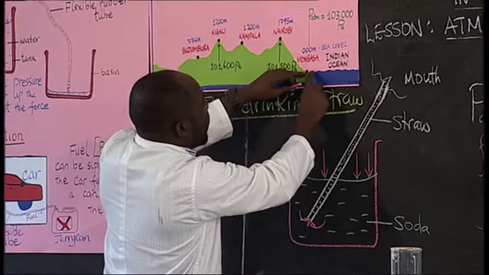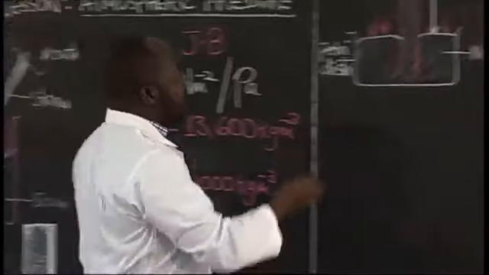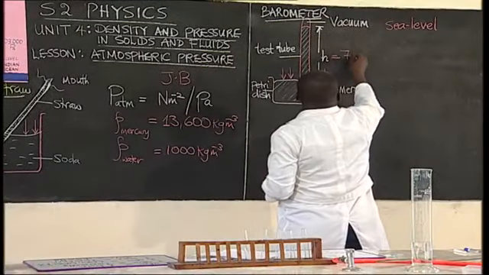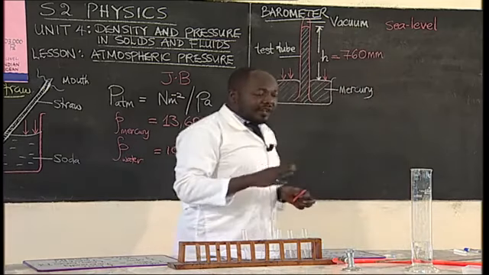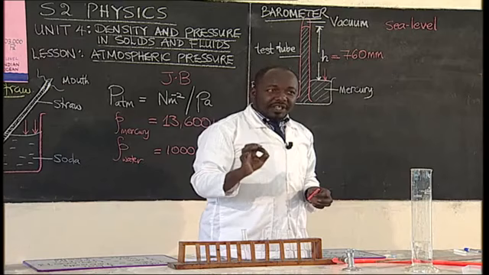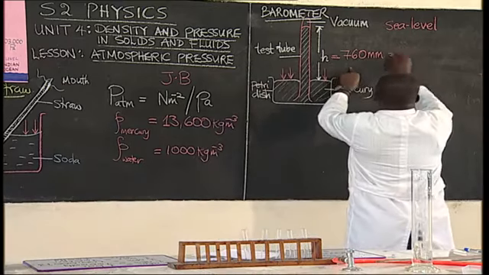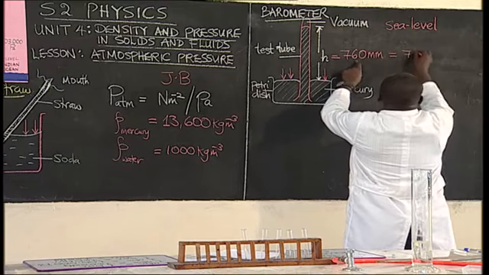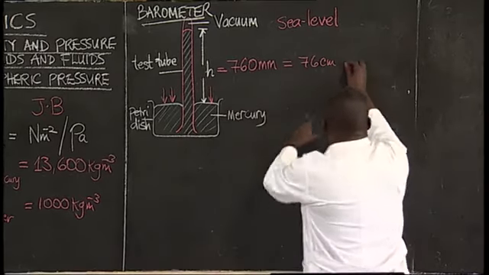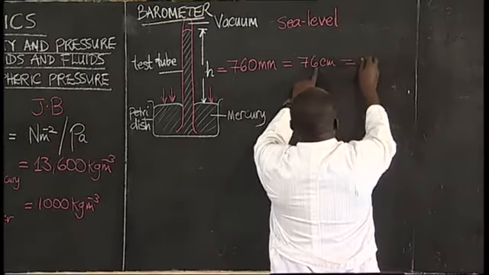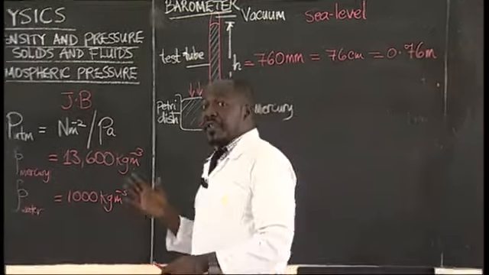But if you perform your experiment at sea level, you will find that this height is going to be 760 millimeters. If you want to change that into centimeters, you divide this by 10. That becomes 76 centimeters. Again, if you want to express it in meters, we divide this one by 100. That becomes 0.76 meters. Do you see that?